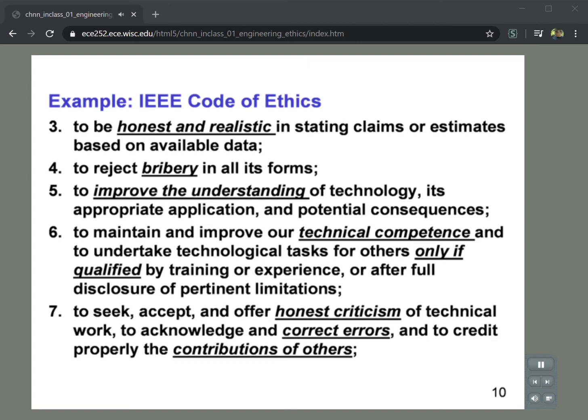So if there were 6 of us that worked on a particular project, I shouldn't run off and claim all the credit. I should fairly allocate credit and acknowledge others' contributions. This is again something that the Code of Ethics calls us to, but that quite often, even in my own personal career, I've seen violations of this particular issue more than once.